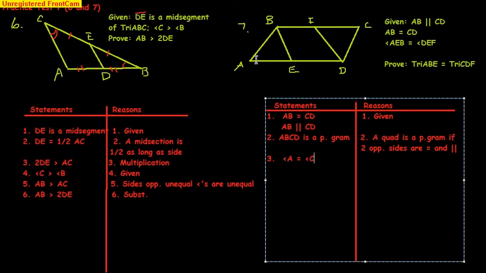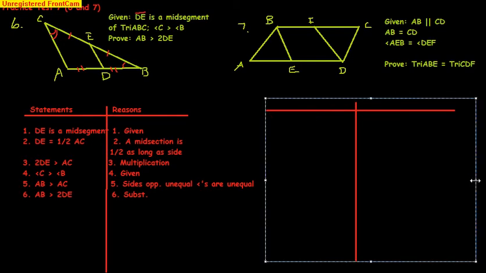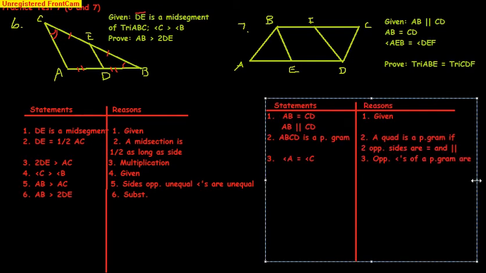So angle A is equal to angle C. The reason we know that is because opposite angles of a parallelogram are equal. And then we can throw in our final given. Angle AEB is equal to angle DFC. And that is given.